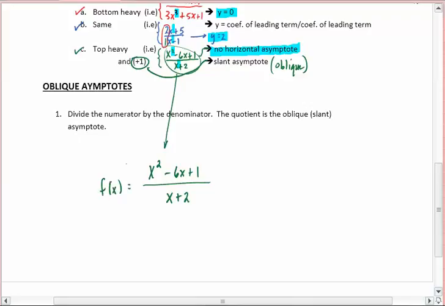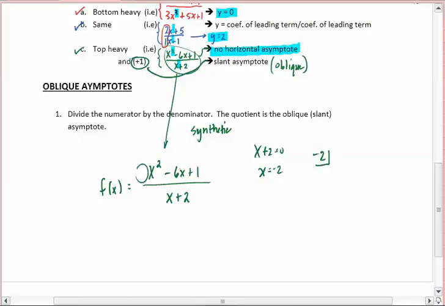All right, so here's what it says. It says divide the numerator by the denominator, and in this situation, I'm going to use synthetic division. We know that x plus 2 equals 0 means x is negative 2. So I'm going to take the negative 2 and put it on the shelf here.